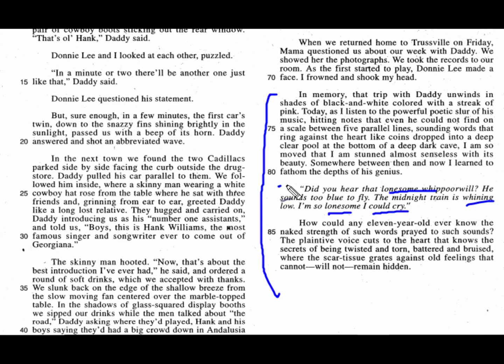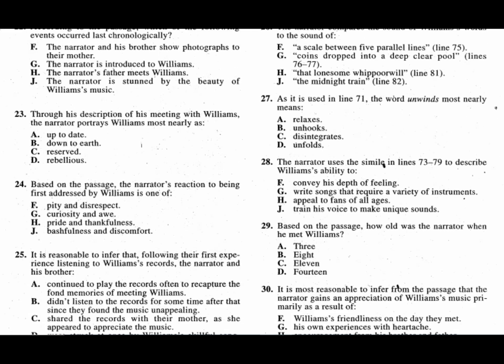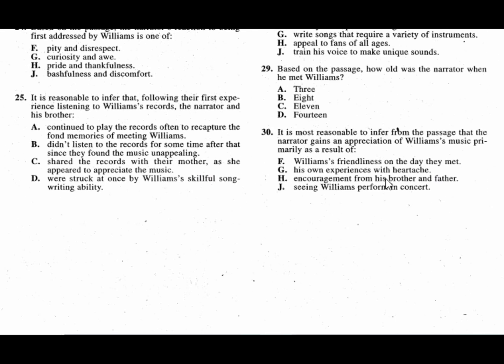So that's a negative there, okay? And then twisted and torn, battered and bruised, scarred tissue. All right, so both of these paragraphs are super negative. So that leads me to the answer. Torn and all that stuff is a Scooby-Doo for heartache. So the answer on this one is going to be G.